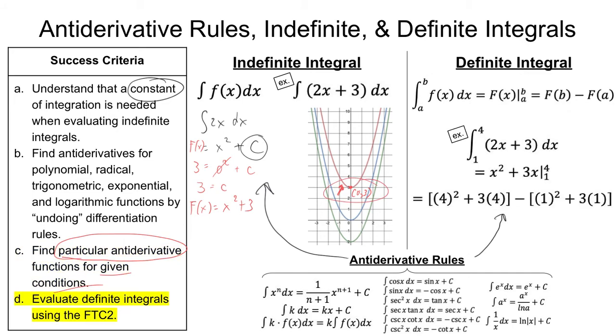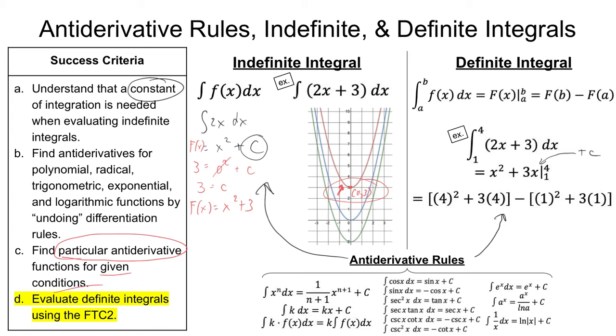Finally, to evaluate definite integrals, we learned that we needed to know the fundamental theorem of calculus part 2, where if you have a function and a definite integral, we just find the antiderivative function, plug in b and a, and this is new notation, and then you would get your answer. For example, if we had the definite integral from 1 to 4 of 2x plus 3 dx, we find the antiderivative function, x squared plus 3x, and then there should actually be a plus c here.